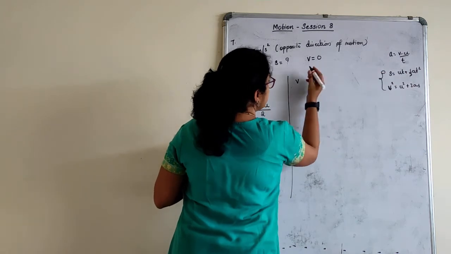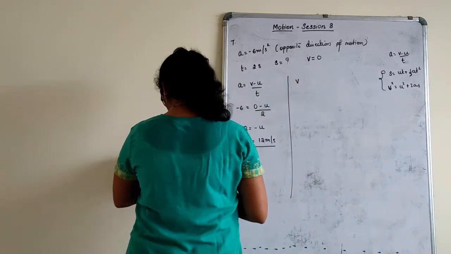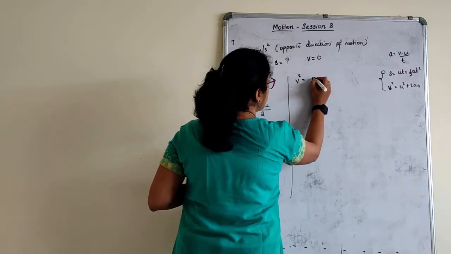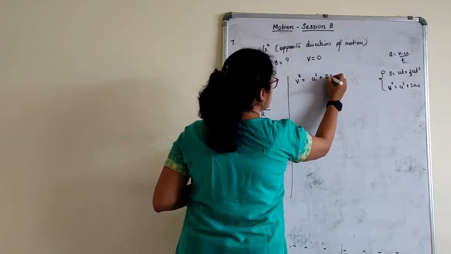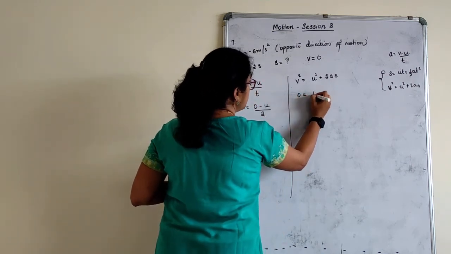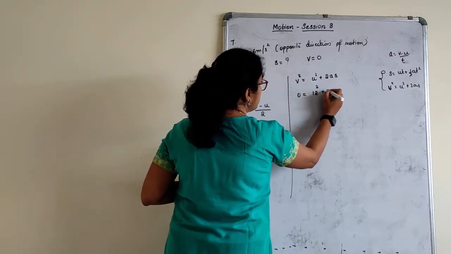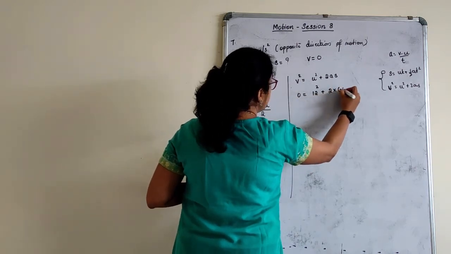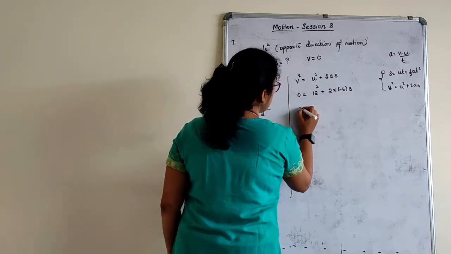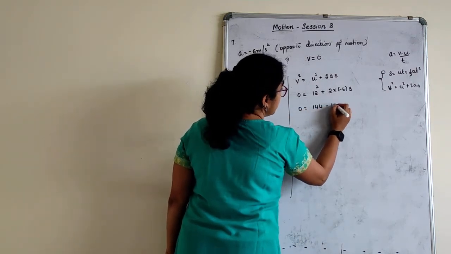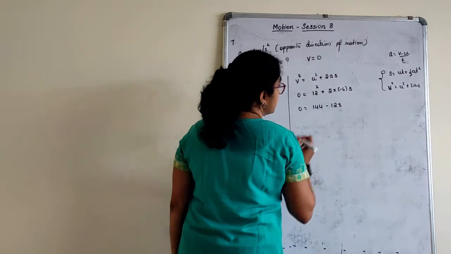You can even apply S is equal to, up to you. So V square is equal to U square plus 2AS. V is 0, U is 12 square plus 2 into A, which is minus 6, into S. 0 is equal to 144 minus 12S.